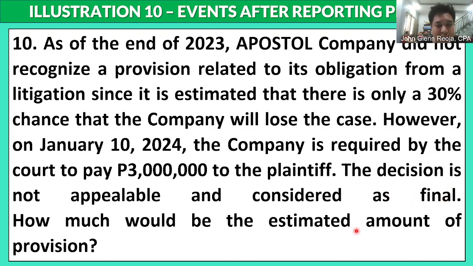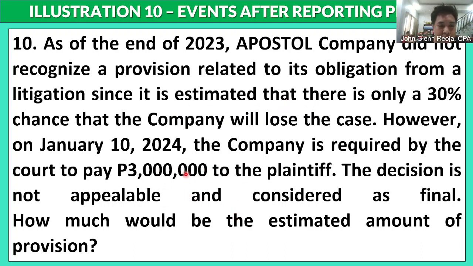So, how much will be the estimated amount of provision as of December 31, 2023? Dapat yung 3 million. Sir, on January 10 pa naman nag-appear yung final amount. Again, the reckoning date is yung date of inflicting damage. So, as of the end of 2023 pala, meron nang damage na na-inflict. And then, may kaso, and then, yan.